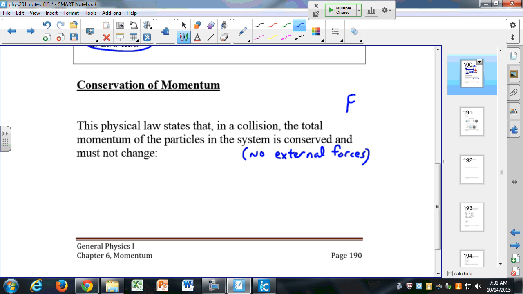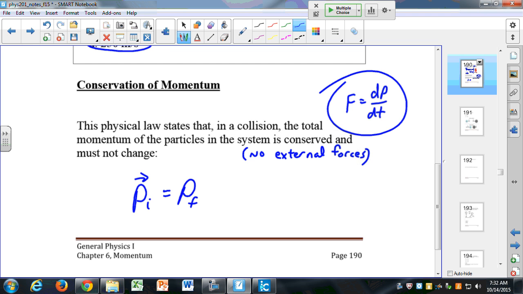Because remember, Newton's second law is F equals dp/dt, so if I have an external force, it changes the momentum of the system. And if that's the case, then conservation of momentum won't apply, because your momentum's changing based on the force that's being applied. So anyway, conservation of momentum just says that the initial momentum, which remember is a vector quantity, is equal to the final momentum.